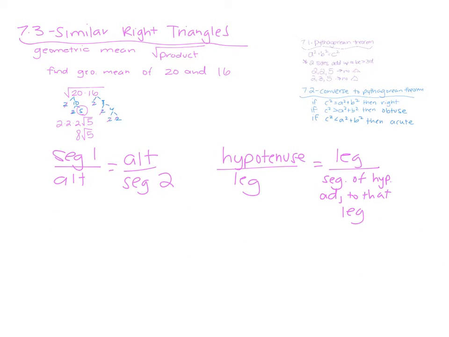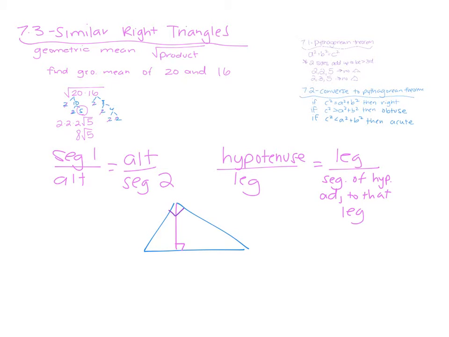These all deal with a right triangle that has an altitude drawn to it. So the big triangle has to be a right triangle, and then the altitude has to be drawn. Depending on what information they give you or what you're looking for is how you'll set it up.